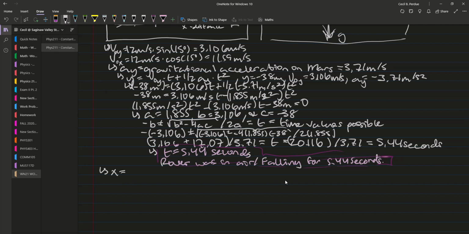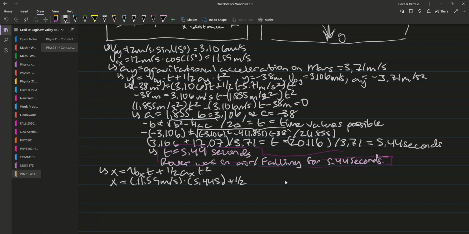The x position is equal to v naught in the x direction multiplied by t plus 1/2 of a in the x direction times t squared. And so x is equal to, we know v naught in the x direction is 11.59 meters per second multiplied by t, which is 5.44 seconds, plus 1/2 a in the x direction.